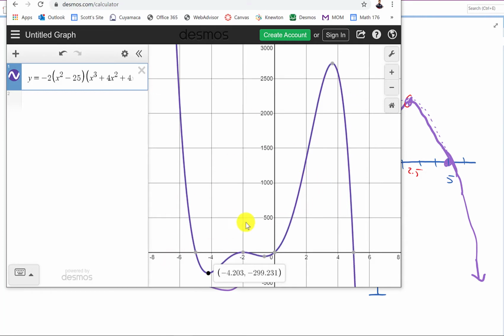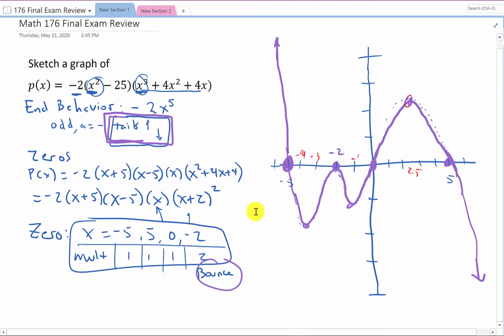So we might not have been able to get those targets too well without doing a lot more calculations. But you can see the basic tails and the zeros. We have a reasonably close looking sketch. So that is the power of finding the end behavior and the zeros to help us sketch.